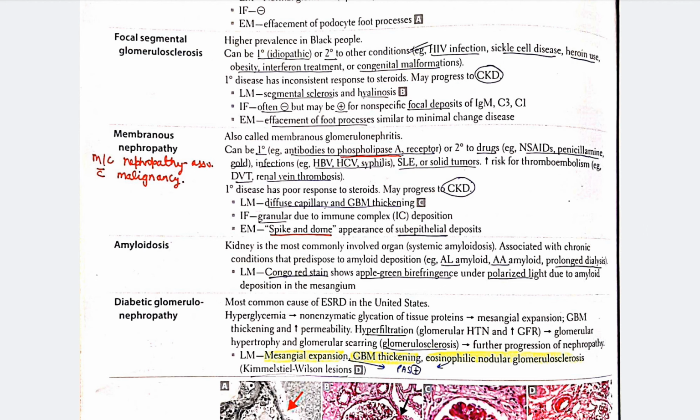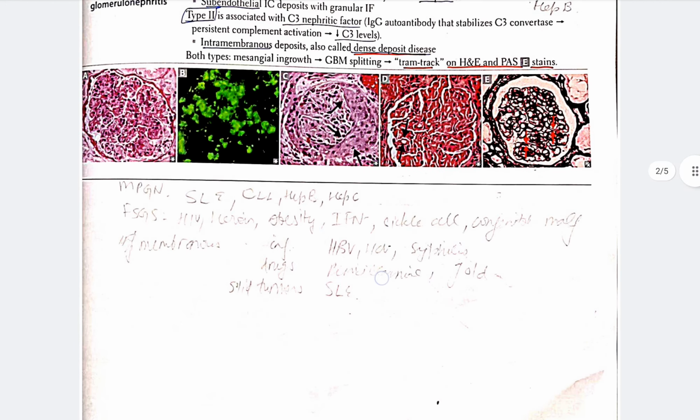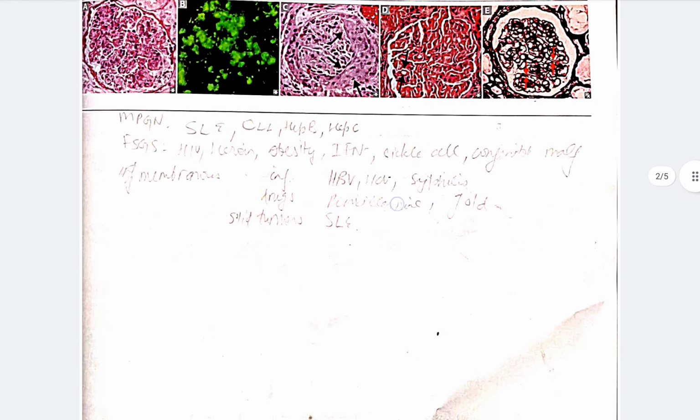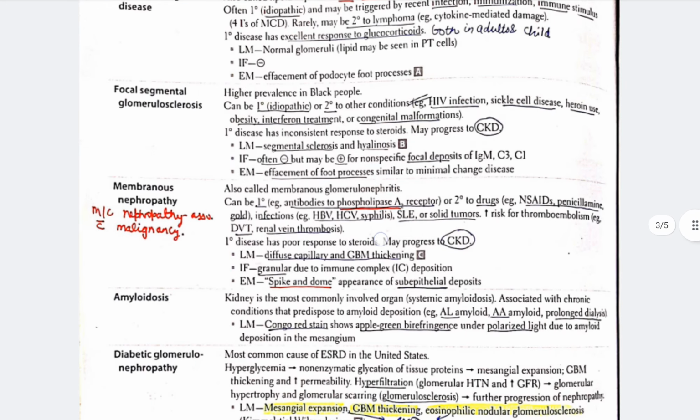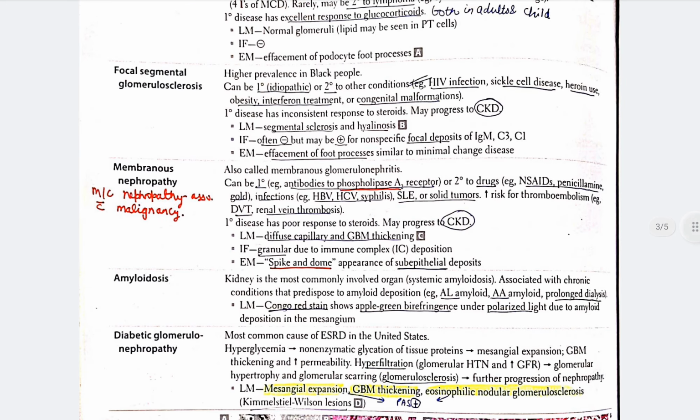The ones which were linked with membranoproliferative were SLE, CLL, Hep B, Hep C. And here from H, we have HIV infection and heroin use, then obesity, and then sickle cell disease, congenital malformation, interferon treatments.